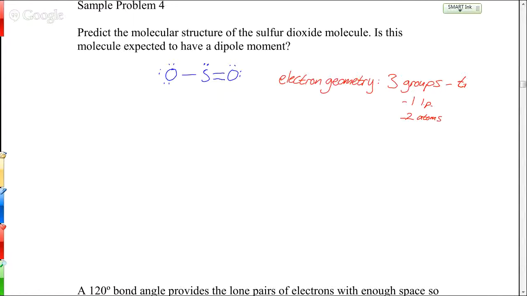That's trigonal planar. So we could draw this in a trigonal plane with the lone pair, the oxygen, the other oxygen. There's also formal charges here. If we really wanted to minimize formal charges, we could also make another double bond from the O to the S.